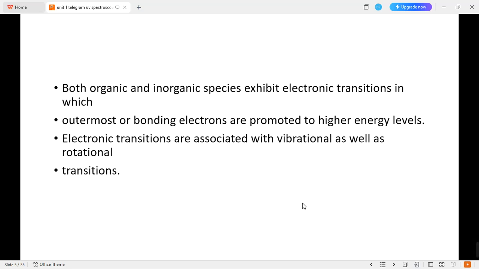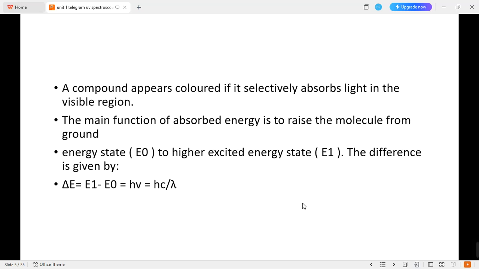As we said, it undergoes transitions from ground state to excited state, through vibration to the higher state, as well as in rotational form, going to the higher energy level.